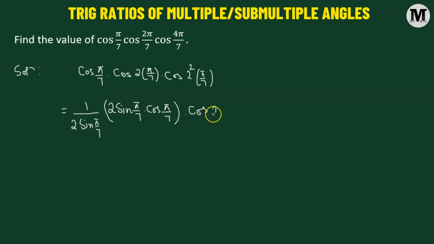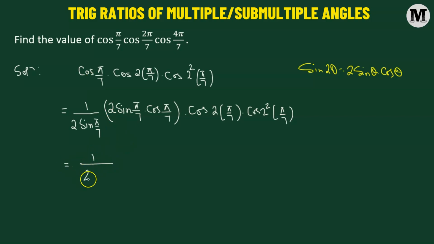Next, we have cosine of 2 times pi over 7 multiplied to cosine of 2 squared times pi over 7. We know for a fact that sine 2 theta is equivalent to 2 times sine theta times cosine theta. So in our case, theta is represented by pi over 7, which means we now have 1 over 2 times sine pi over 7.